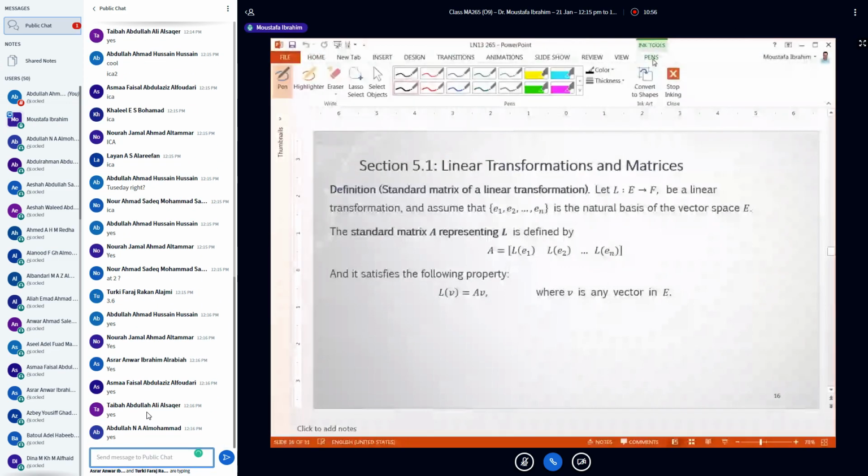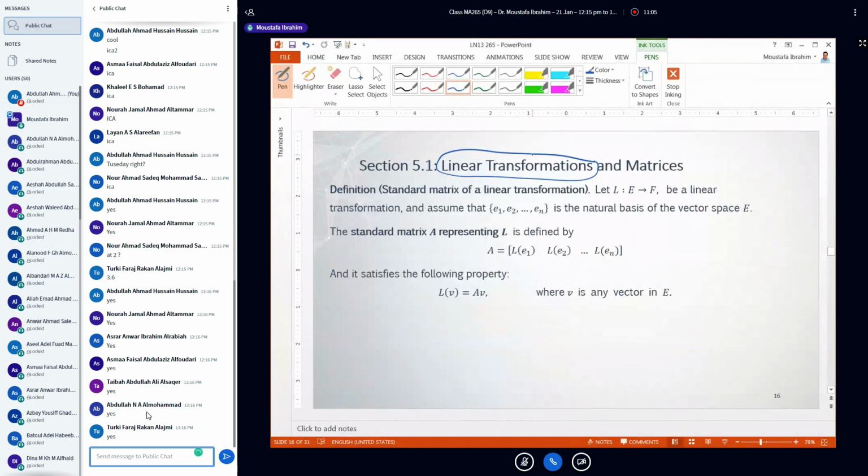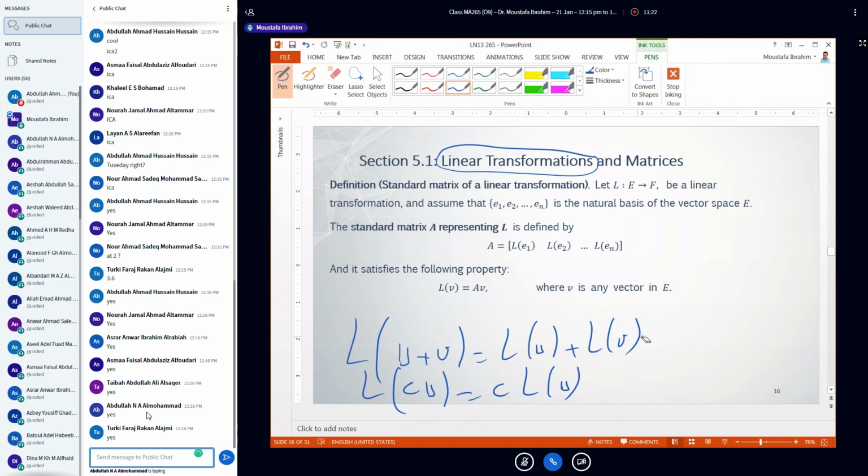Very good. So guys, we have already defined the linear transformation. We have seen everything about it: the definition and the conditions, and especially that L(u + v) equals L(u) + L(v) by definition, and for any number c, L(cu) equals cL(u).